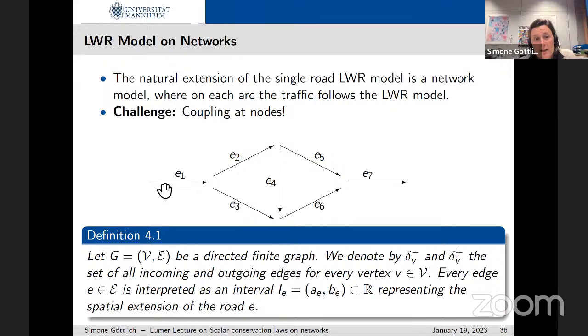One is where we have one ingoing and two outgoing arcs. The other one is where we have two ingoing and only one outgoing arc. This characterizes the two main types of intersections we have to think of. Again, what is important to know is that we have a directed graph, and there are two sets denoting either the set of all incoming or the set of all outgoing arcs for every vertex.